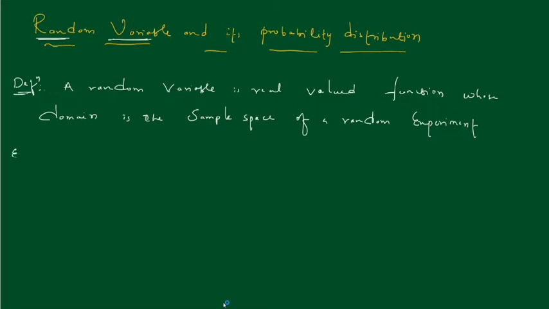For example, let's see what exactly a random variable is from this example. Let us consider the experiment of tossing a coin two times in succession, right?